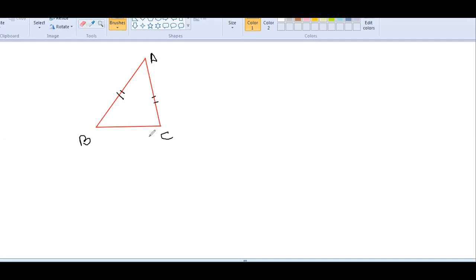If two sides are equal, then we call it an isosceles triangle. And in an isosceles triangle, these two angles are also equal.